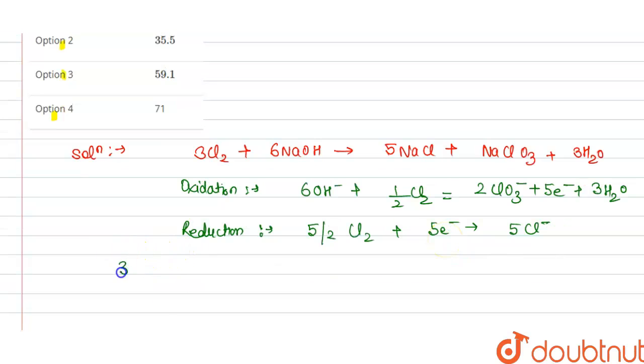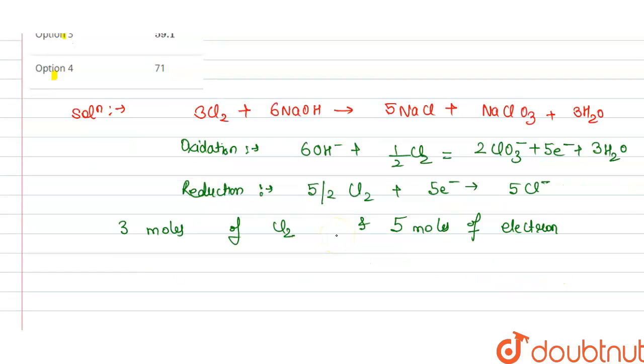So we can say that 3 moles of Cl2, as this is 1/2, 5/2 and 1/2, that is 6/2, that is 3 moles of Cl2, and 5 moles of electrons are involved in the redox reaction. A redox reaction is the reaction in which both oxidation and reduction are done.